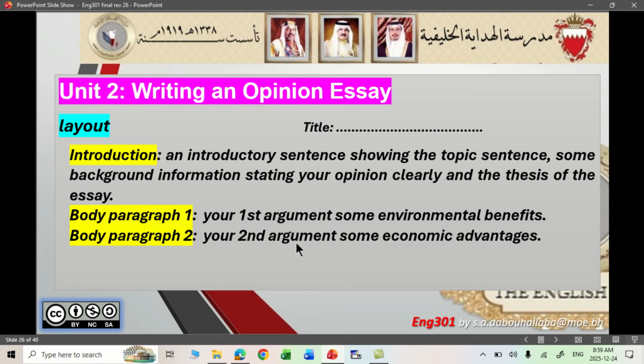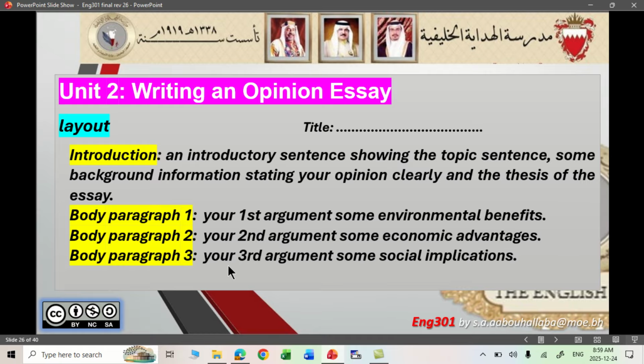Then you come to the second argument, and here you talk about the economic advantages of the topic. We are following the pattern in the book, so you start by talking about the benefits for the environment, then the advantages for the economy, the economic one.